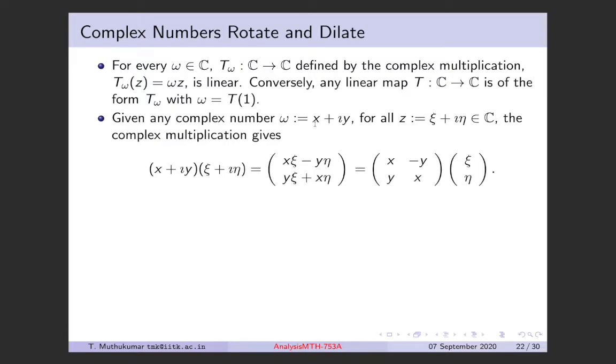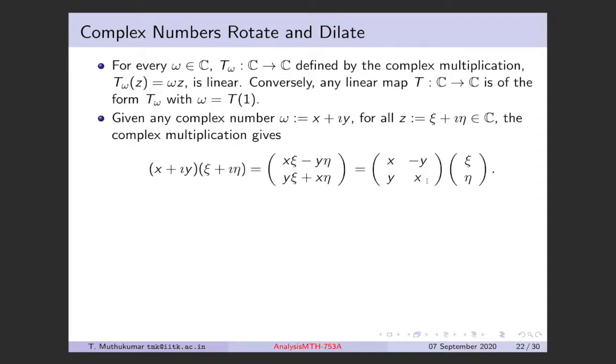So if you have a complex number with real part x and imaginary part y, and if you write down this matrix, putting the real part on the diagonal and the imaginary part on the other diagonal with a negative sign here, you can associate a matrix like this to every complex number, and complex multiplication is precisely this matrix acting on that vector. But what is this? This is a linear map on R2, right? This is a 2 cross 2 matrix.